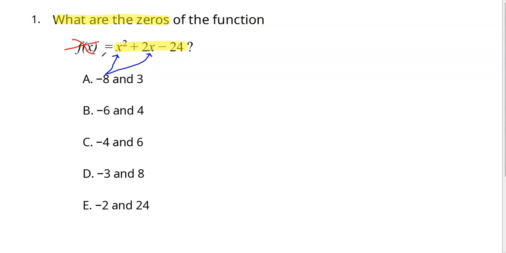And when I evaluate that, if that goes to 0, then A is a possible answer choice, but then I'll have to check the 3 as well. They both need to work. Now, don't make the mistake of plugging in -8 for x here and 3 for x here. We have to look at these values of x independently.